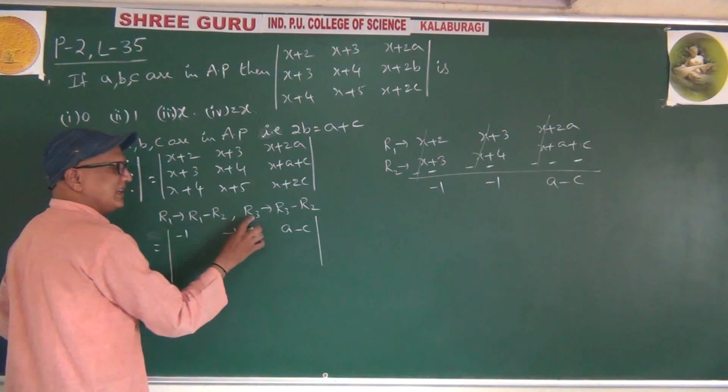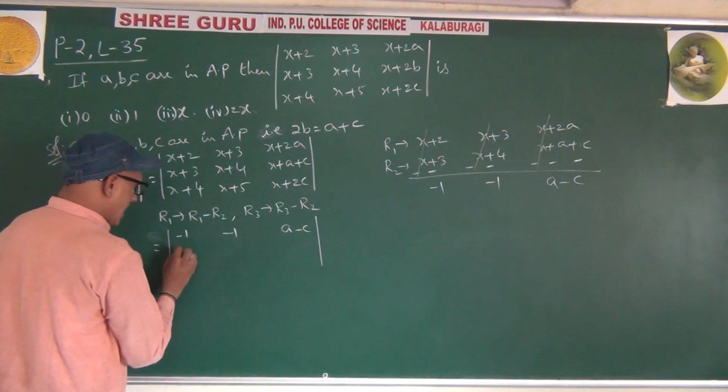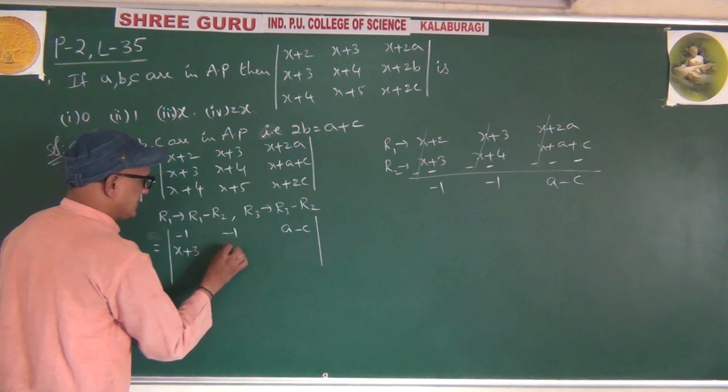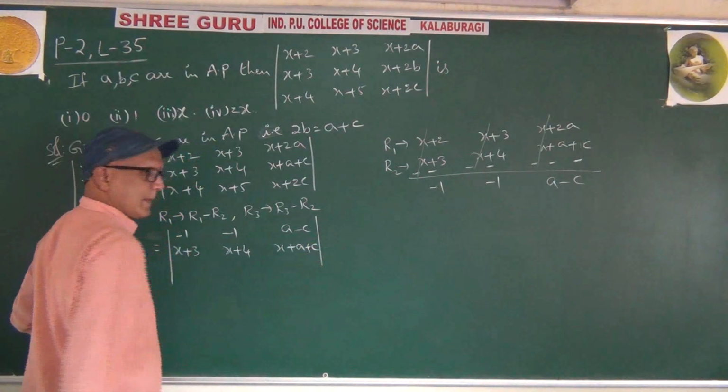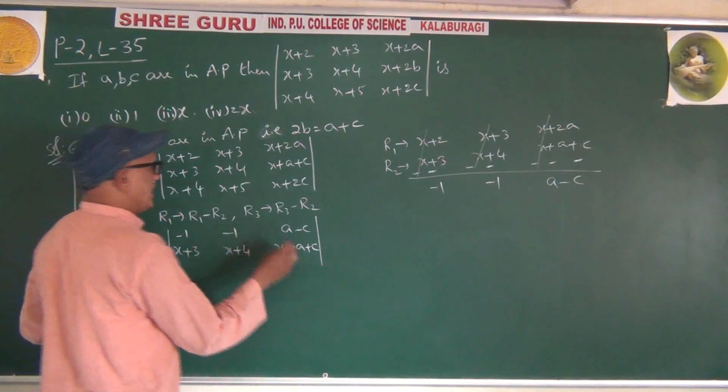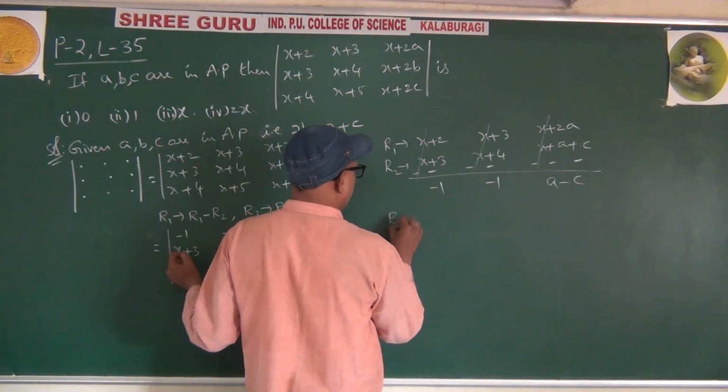R1 we are changing, R3 we are changing. R2 we are not changing, as it is. How are we changing R3?